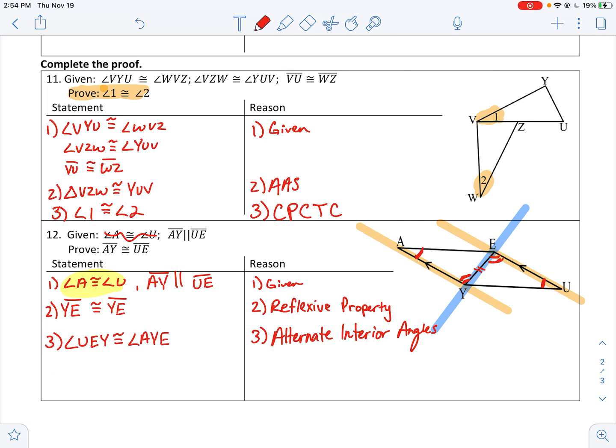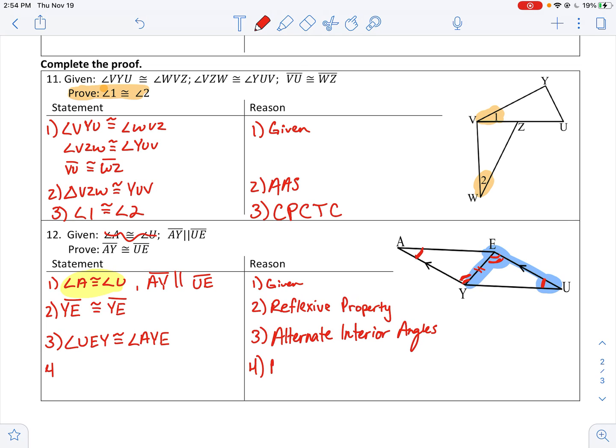Okay, so now what do I have? I did all that work. What can I say? Do I have congruence yet? Let me erase all this just to check. I've got angle, angle, side. Okay, that's promising. I have angle, angle, side. Well, that's great news.